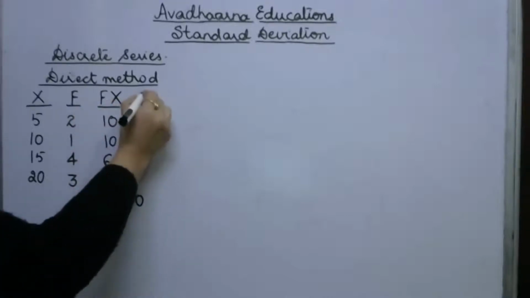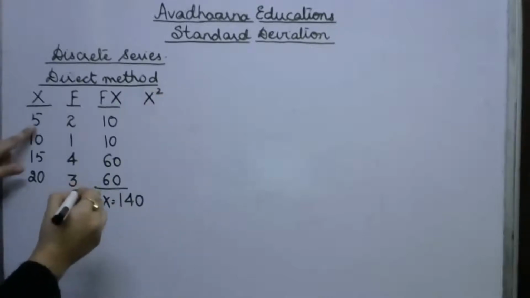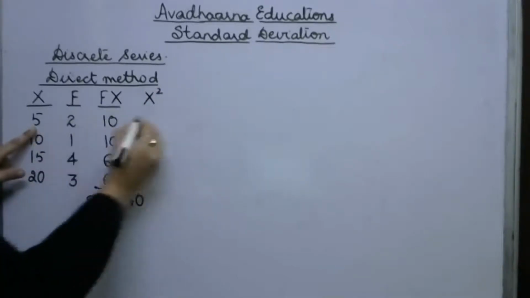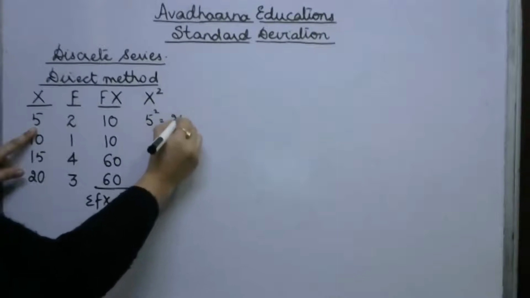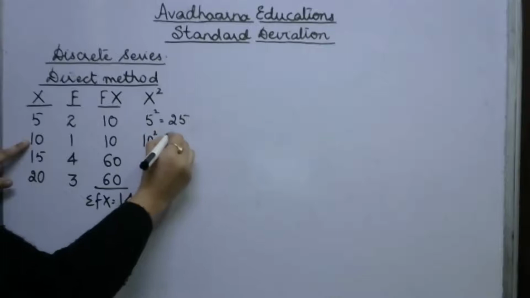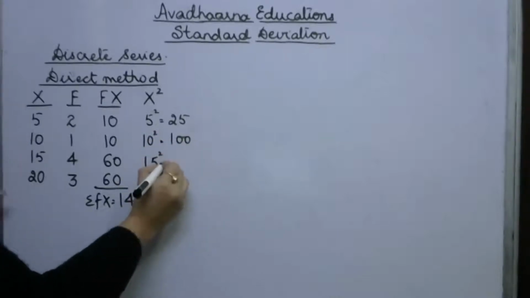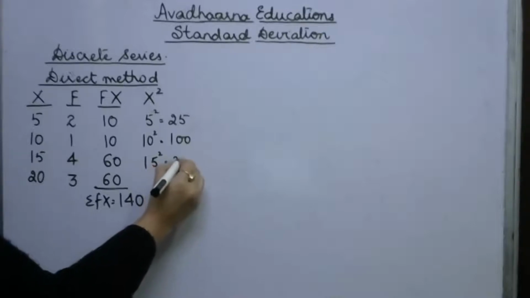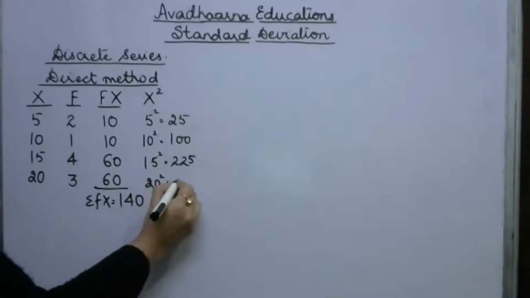The next column would be, let's calculate x square. This is 5. 5 square is 25. 10 square is 100. 15 square, it is 225. Then 20 square, it is 400.